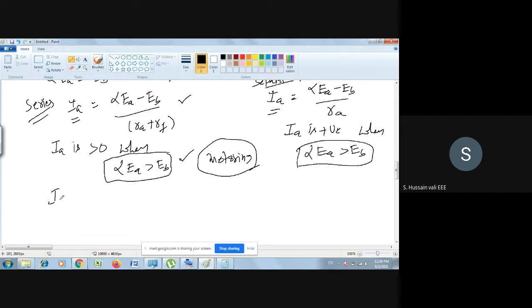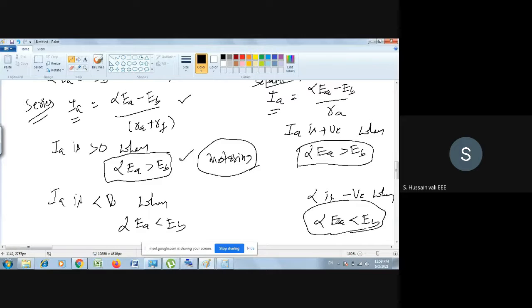So when IA is negative, when IA is less than 0, when alpha EA is less than EB. Even the separately excited DC motor has negative IA when alpha EA is less than EB. So the same condition holds for the separately excited motor and the DC series motor: if alpha EA is less than EB, this equation becomes negative, it means IA becomes negative.